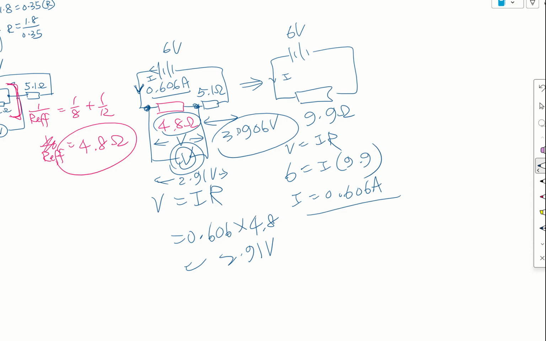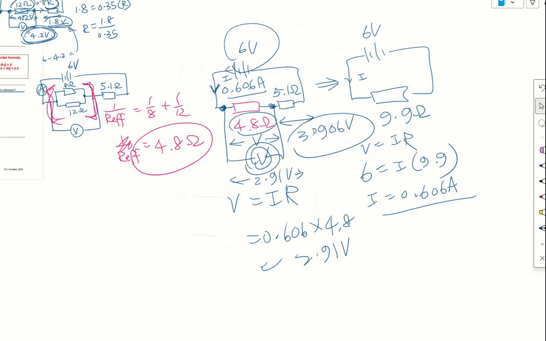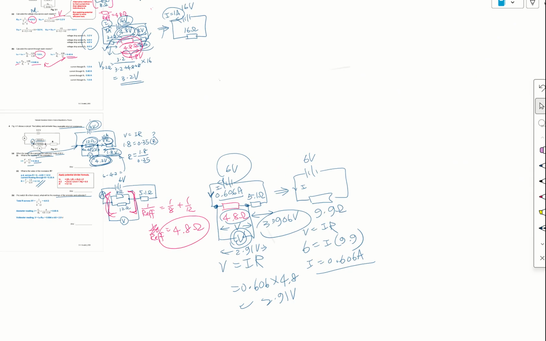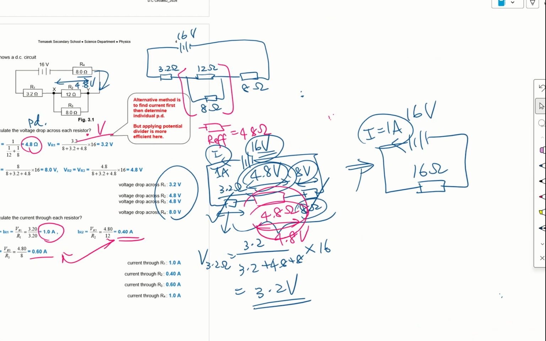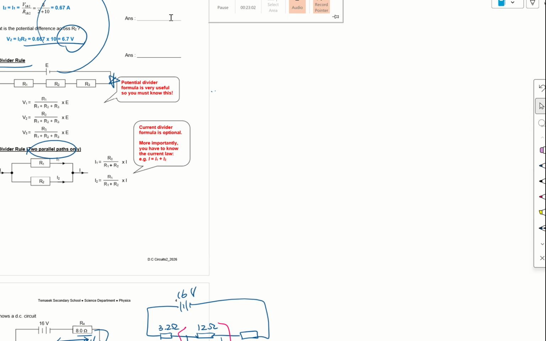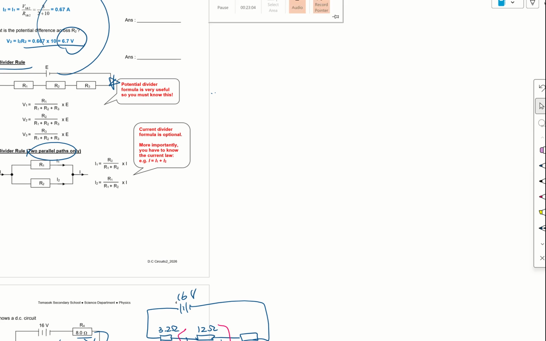I can add the 3.09 to 2.91, and it should be equal to 6 volts. That is how I can verify the answers. Besides working out the answers, you must also try to verify to see if your answers make sense or not.